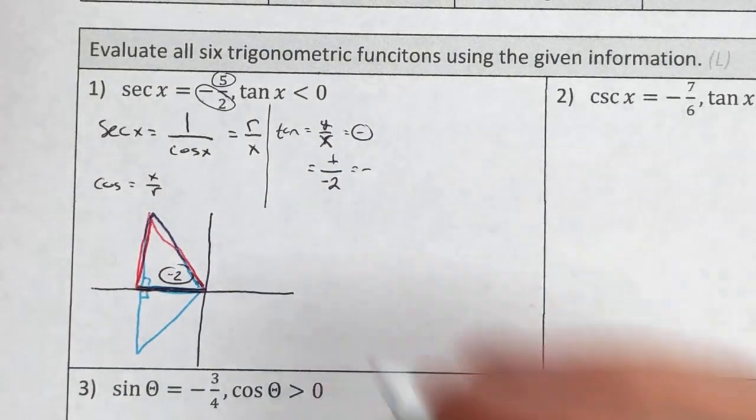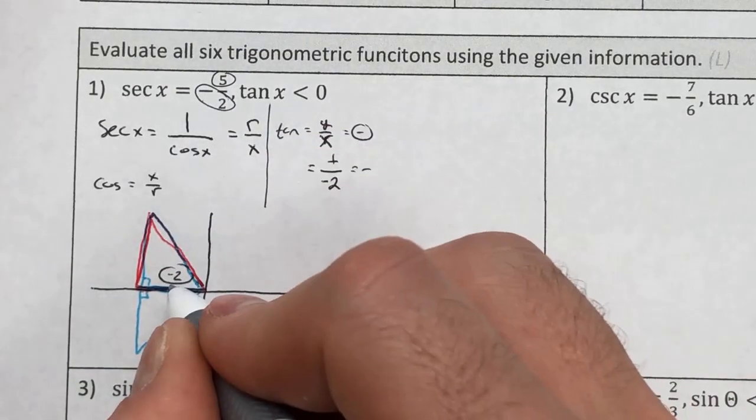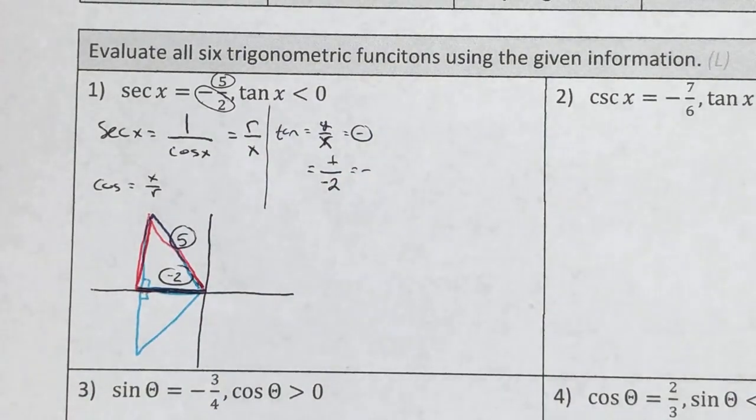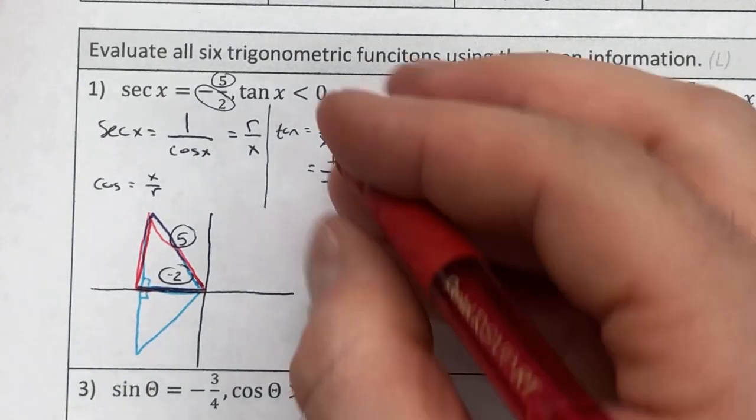So let's go ahead and fill out this triangle. Well, if that was -2, that must mean that this is 5. I need to figure out what my y value is. So for my y value, let's go ahead and, why not, do this in red.